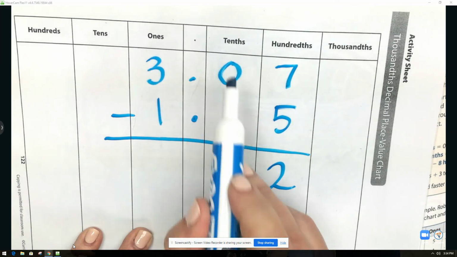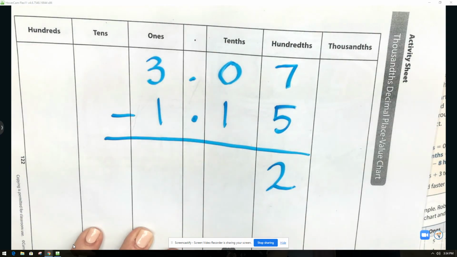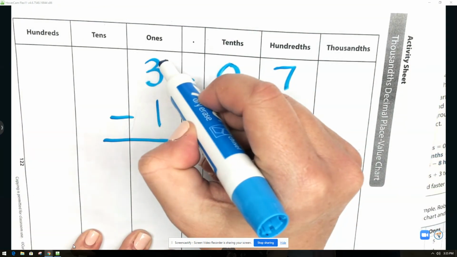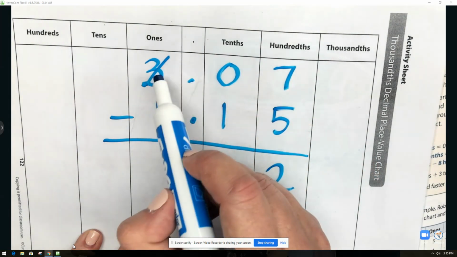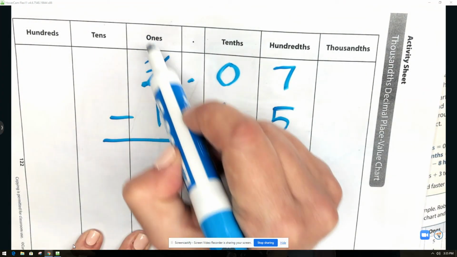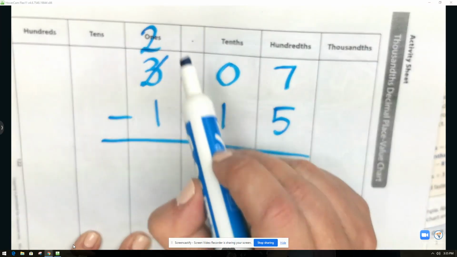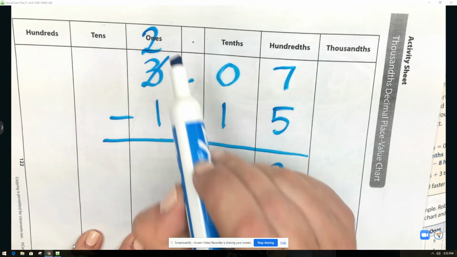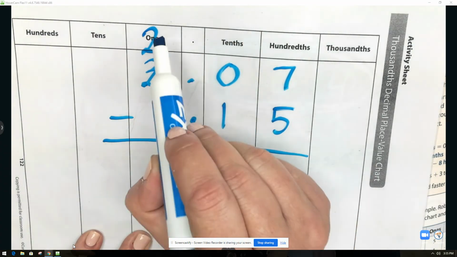Now we have 0 tenths minus 1 tenth. Well, we can't do that. We need to regroup. So we're going to take one of these whole numbers away. So we're going to take away 1, so we have 2 ones left over here. And we're going to take that 1 and change it into tenths. And 10 tenths is equal to 1 whole.